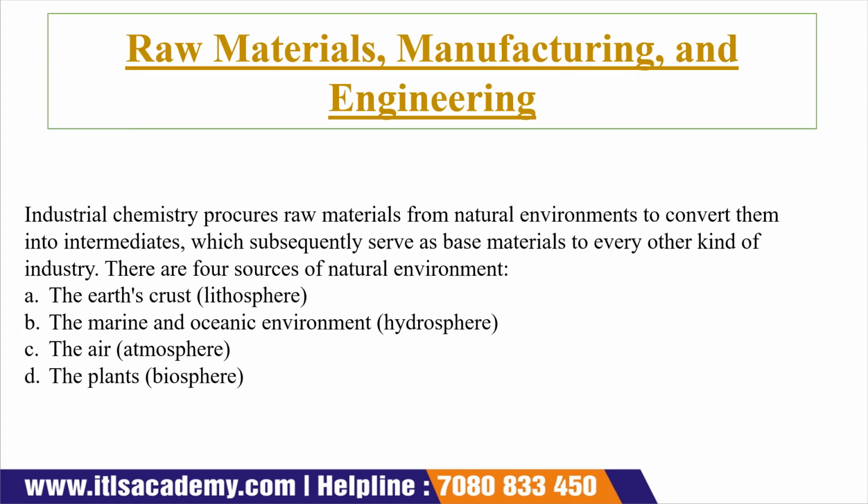Now the next is raw material with manufacturing and engineering. So we all know that industrial chemistry procures raw material from the natural environment to convert them into an intermediate, which subsequently serves as a basic material to every other kind of industry.